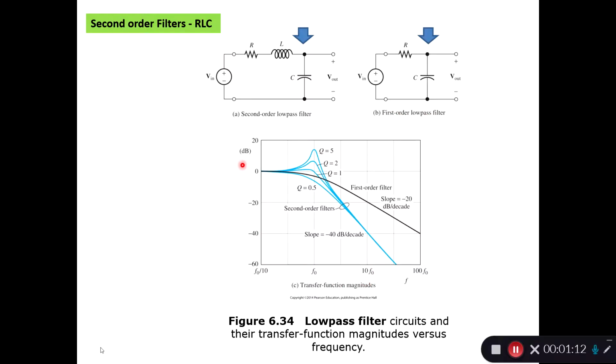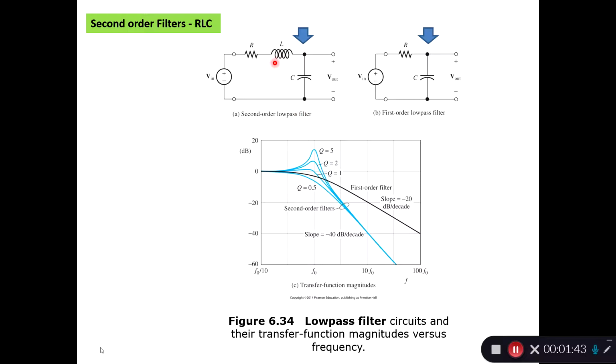Down here we see the Bode plot of the first order filter. It has a slope of minus 20 dB per decade, as expected. But the second order low pass filter, depending on the quality factor of it, has a kind of peaking or can also slope down here, but the slope is minus 40 dB per decade.